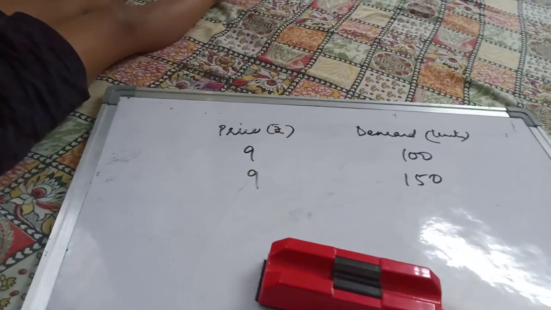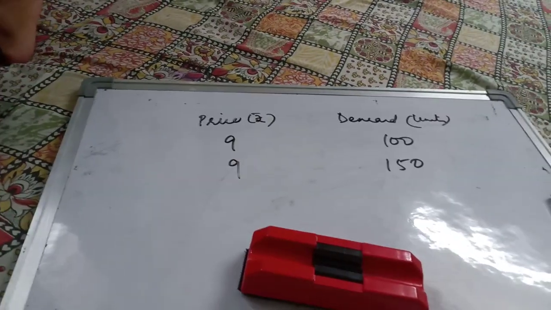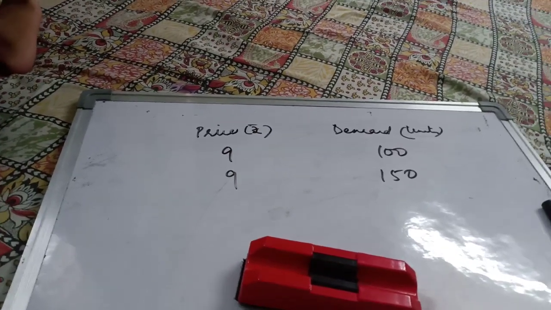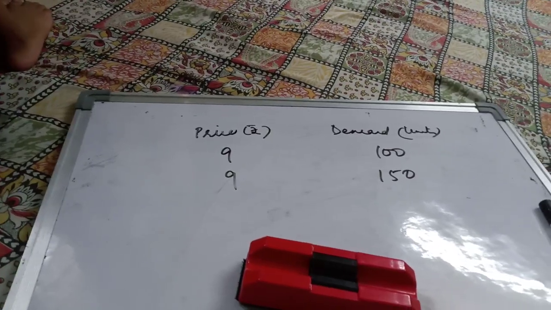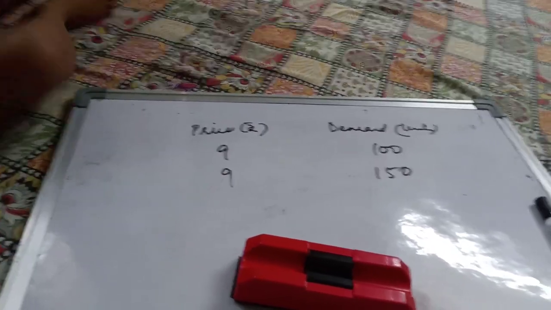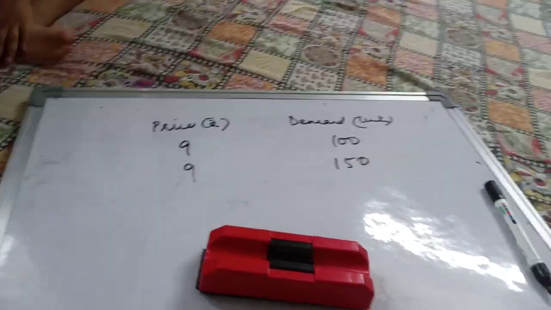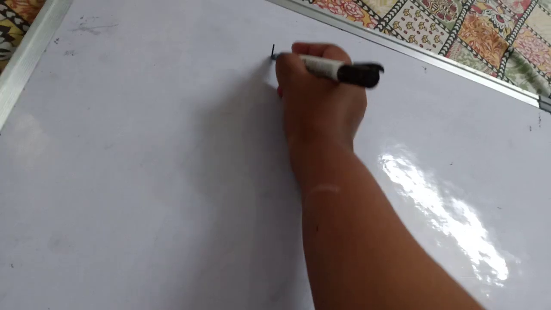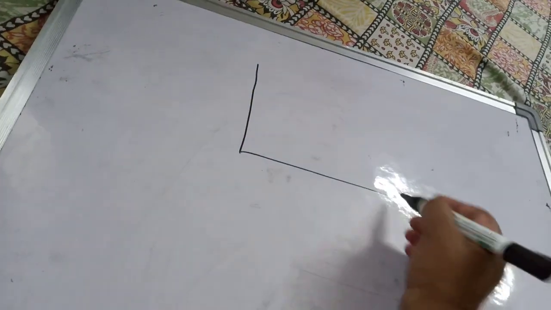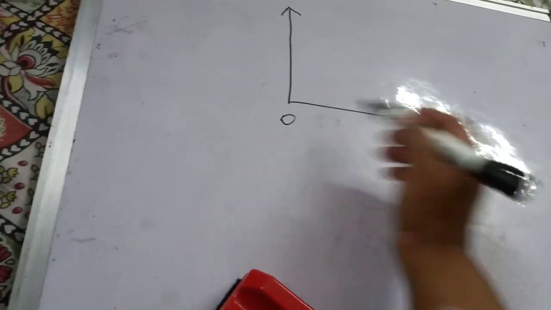And now one hot question, and I would like all of you to think on this, and we're going to discuss this later. If there are two demand curves intersecting each other, which demand curve has greater elasticity of demand? Which of the demand curves is going to be more elastic?